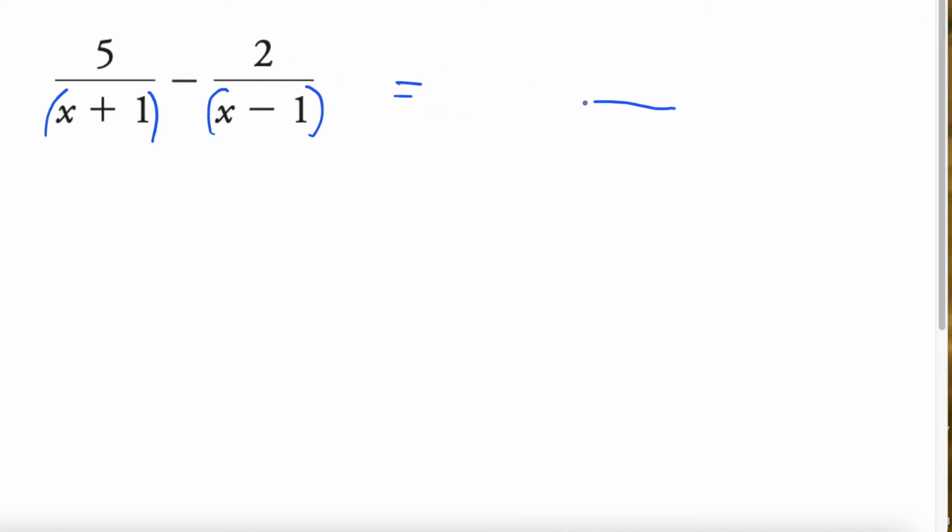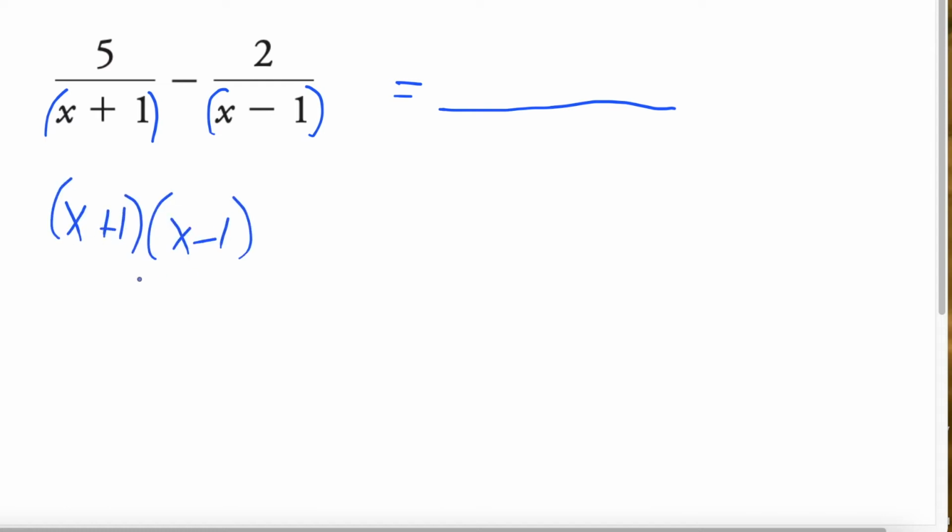We have to multiply the common denominator, right? So we have to multiply x plus 1 times x minus 1. So how do we do that? x plus 1 multiplied by x minus 1: we're going to do x times x and then x times negative 1. So x times x is x squared, and x times negative 1 is just negative x, right?